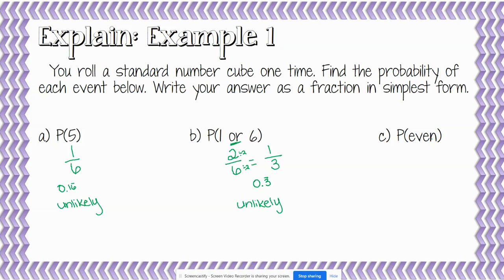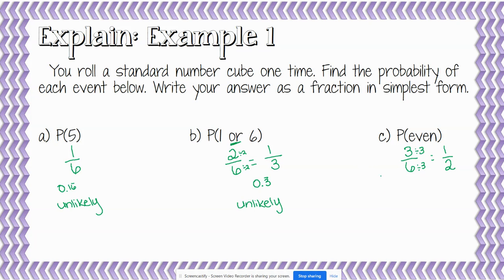Now let's find the probability of an even number. When I think about a number cube, I know that there are three even numbers on the number cube. Those are 2, 4, and 6. So there are three even numbers on a number cube out of 6 total numbers. Now I still want to write this as a fraction in simplest form, so I can divide both my numerator and my denominator by 3. 3 divided by 3 is 1, and 6 divided by 3 is 2.